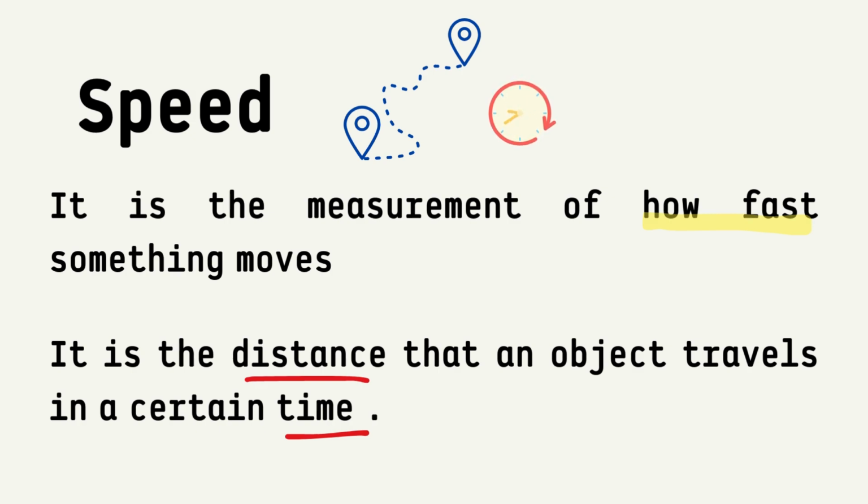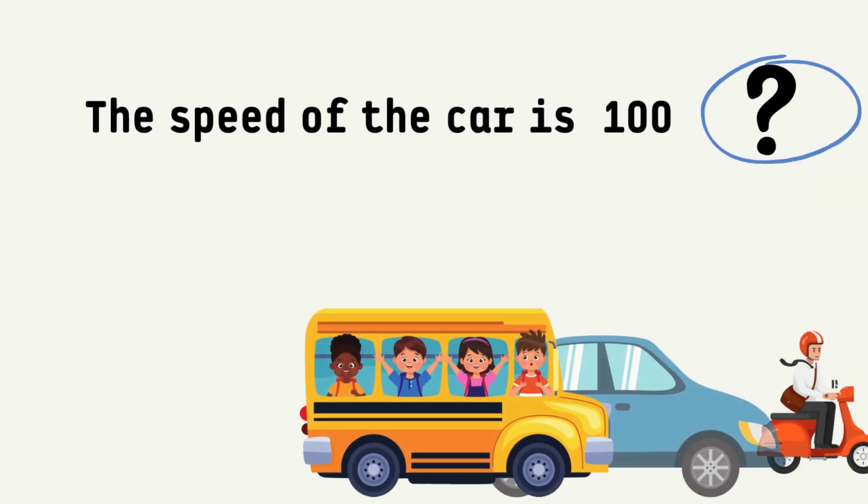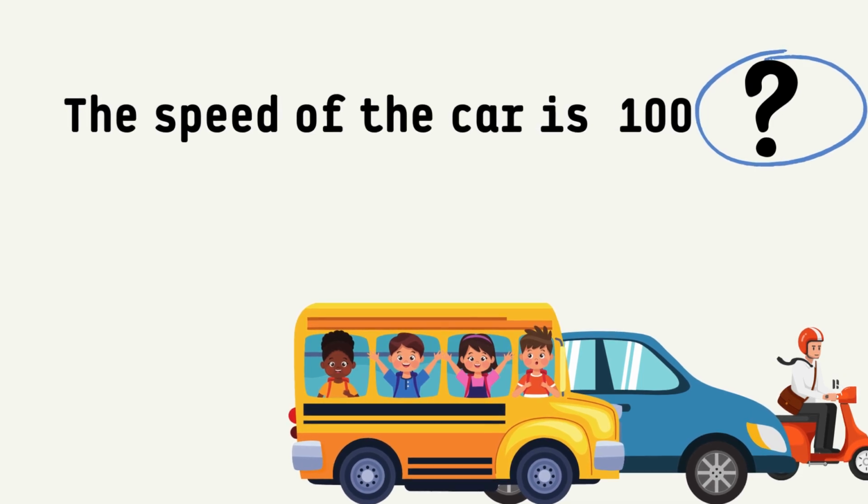So we can define speed as the distance that an object travels in a certain time. This is the definition of speed. It is a measurement of how fast something moves, or it is a distance that an object travels in a certain time. Okay? So, what is the unit of the speed?